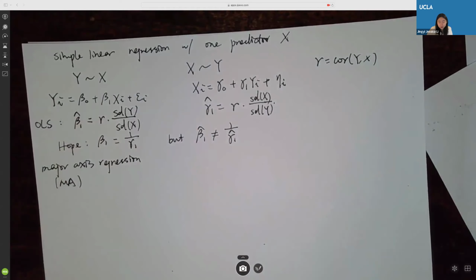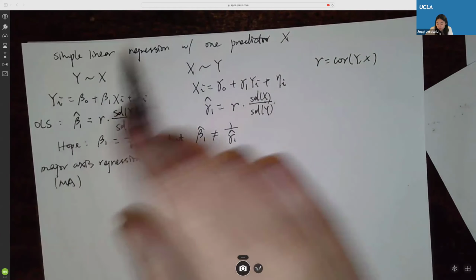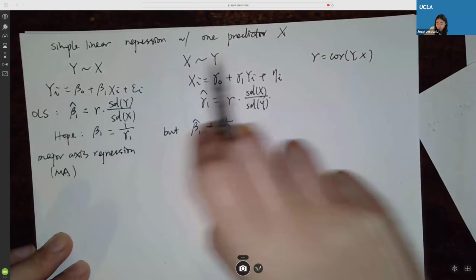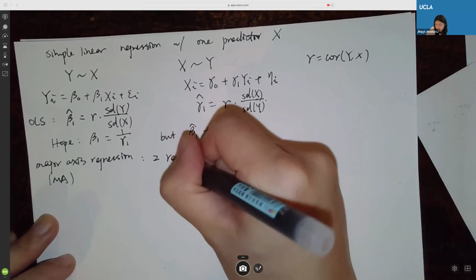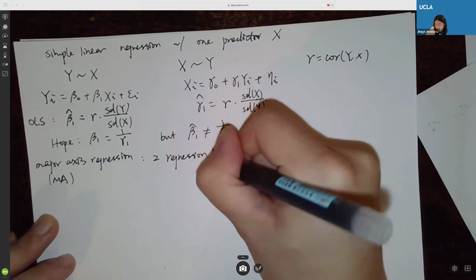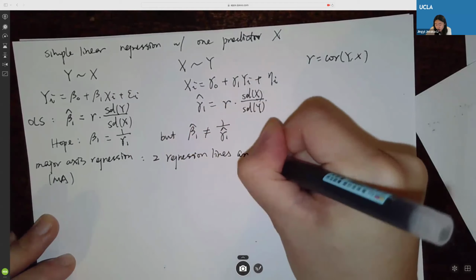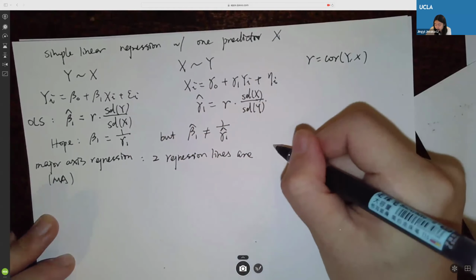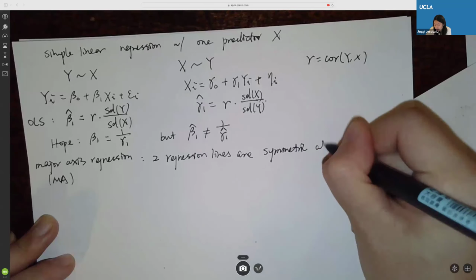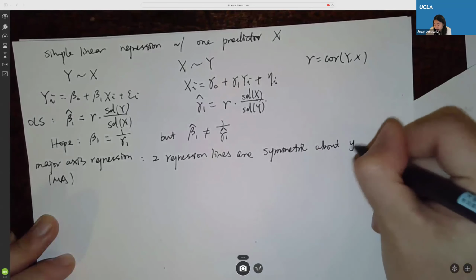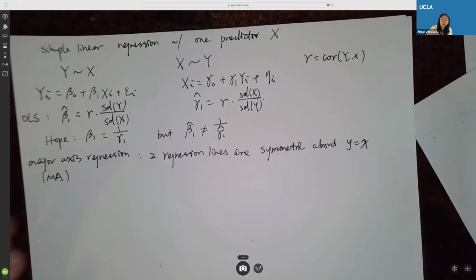The MA regression will guarantee that the two lines you fit either way, so the two regression lines, are symmetric about the y equals x diagonal line.